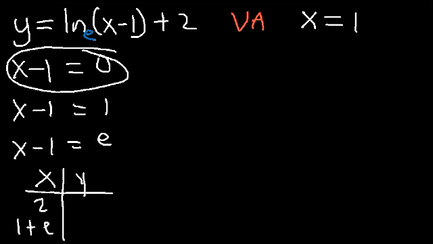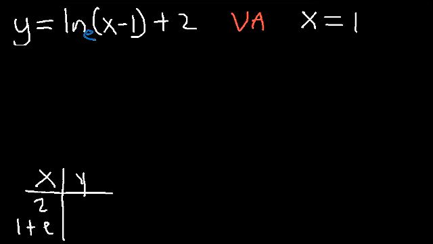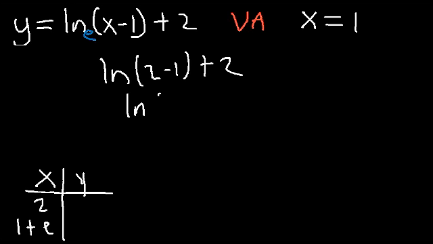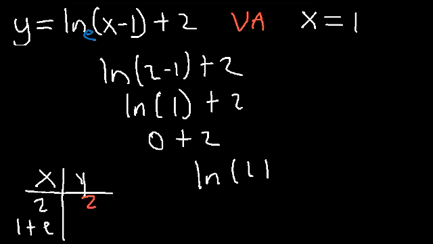So now let's find the y values that correspond to those points. So let's start with 2. Natural log of 2 minus 1, plus 2. 2 minus 1 is 1. Log of 1 is always 0. So 0 plus 2, we have the point 2 comma 2. Now let's plug in 1 plus e. So natural log of 1 plus e minus 1, plus 2.